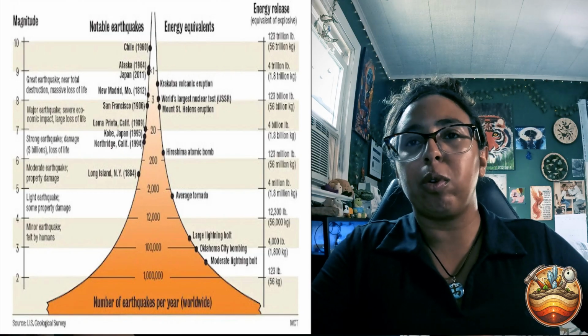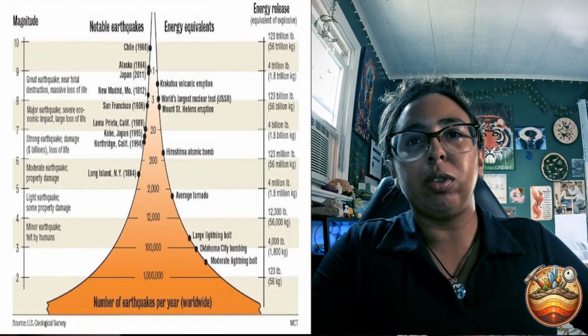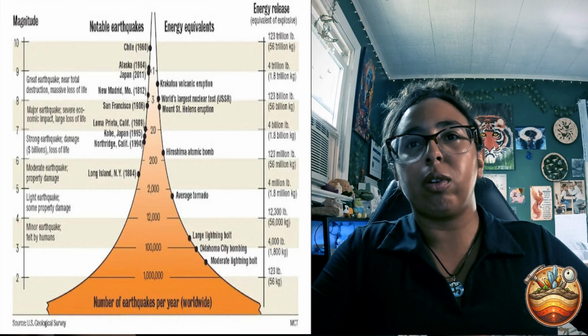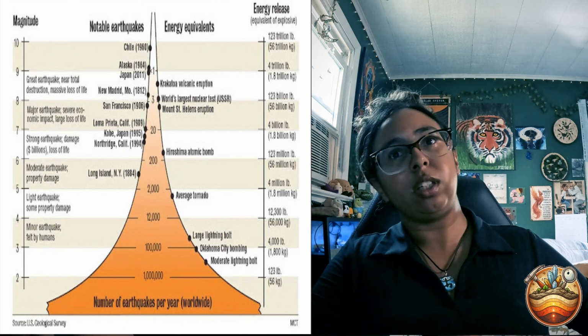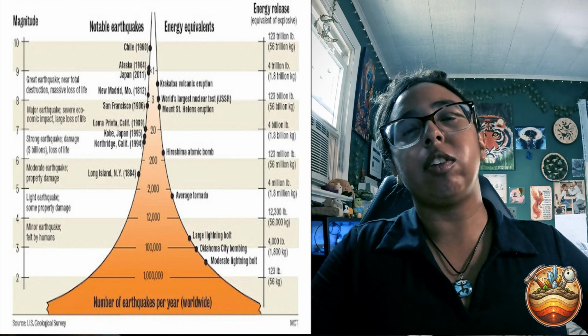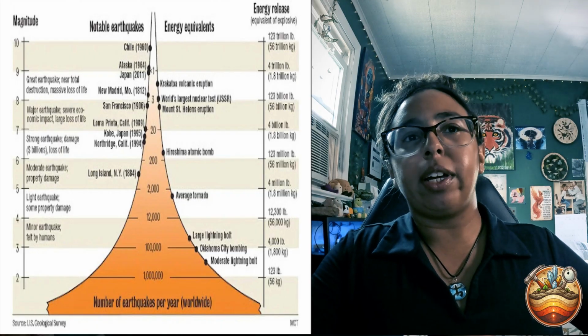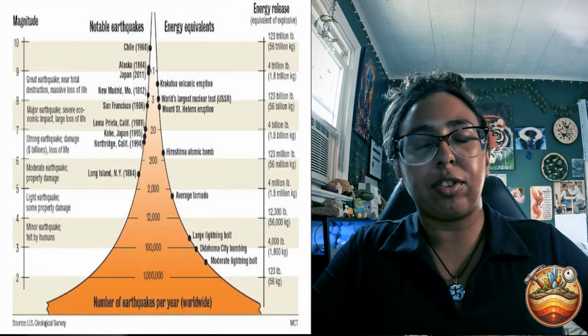For example, the world's largest nuclear test would probably range around an 8 magnitude earthquake. And then the Mount St. Helens eruption is almost a magnitude 8 earthquake. And then the average tornado is around a 4, almost a 5 in terms of magnitude.